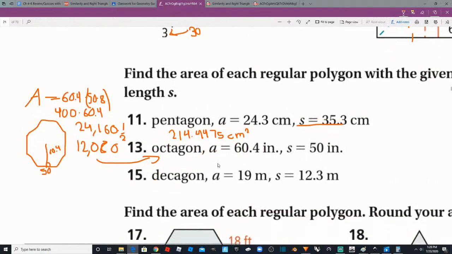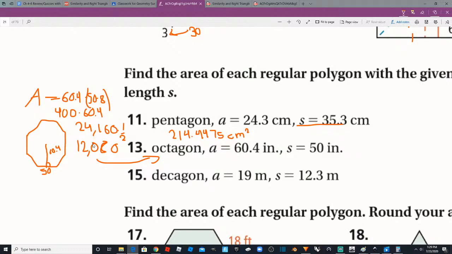To start out, we have an octagon. I already drew a little diagram right here where each side is 50 inches and the apothem, the perpendicular distance from the center to the side, is 60.4.